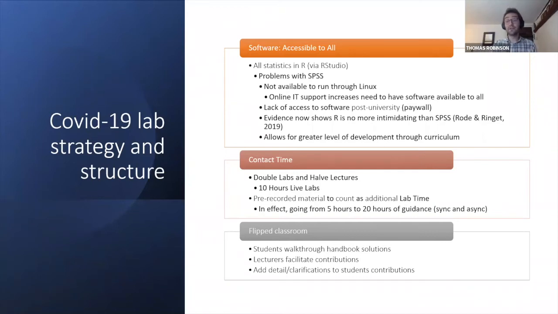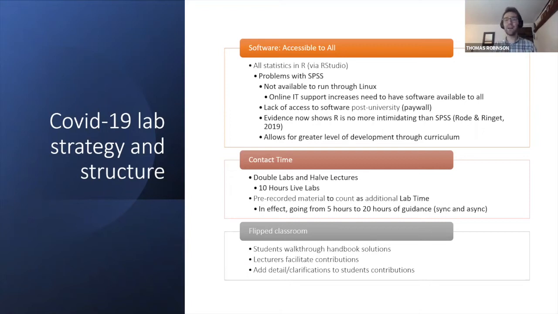And there is some teaching evidence to show that students don't find R any more intimidating than SPSS these days, in part because I think lots of these students are now coming from primary or secondary school experiences where some form of basic programming or coding is part of the curriculum. And therefore, some of the things that would have been very alien to us 20 years ago are now much less alien to these students today.